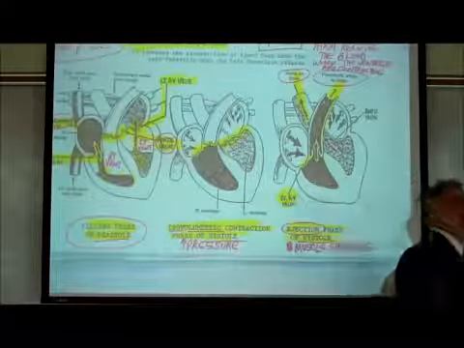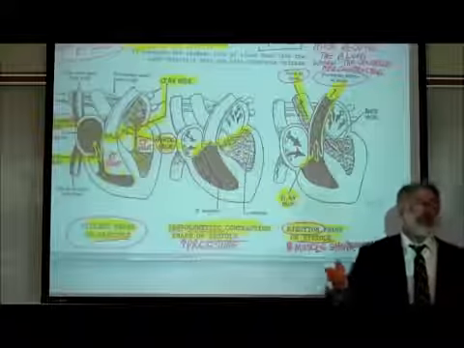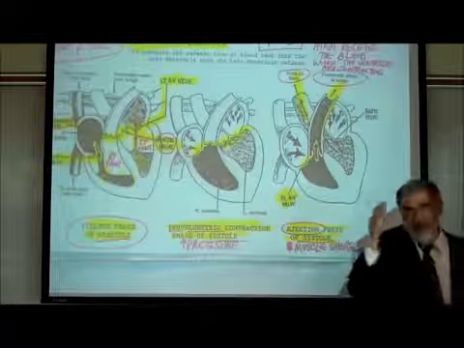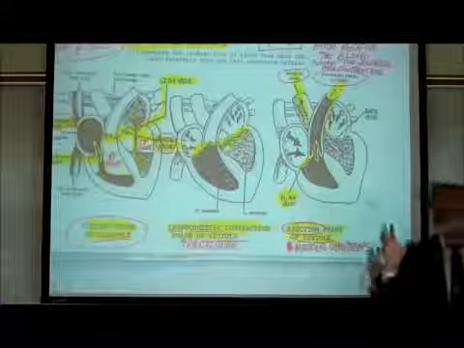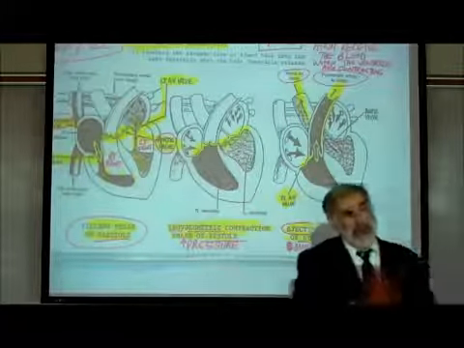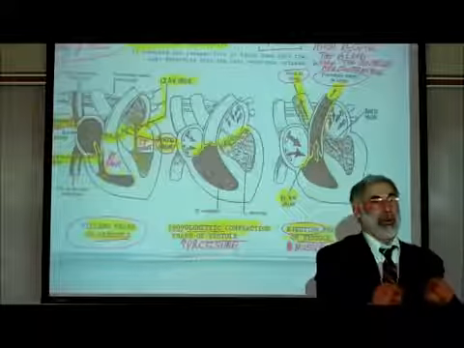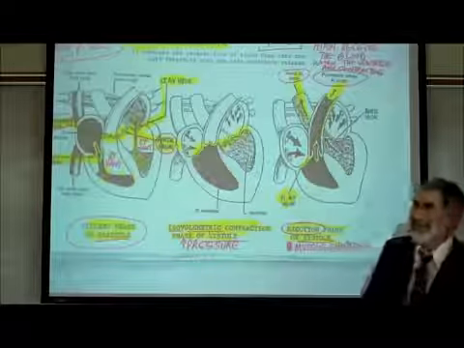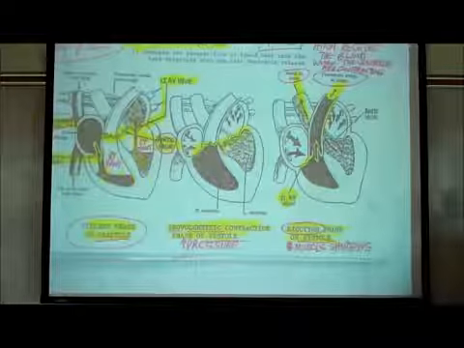Otherwise, every time I say the word aorta or left ventricle or right atrium, you're going, I don't know what happens. That's basic anatomy. And if you had me for anatomy, I made you memorize it and write it on a blank sheet of paper, although you probably still forgot it. So be sure and review the anatomy.